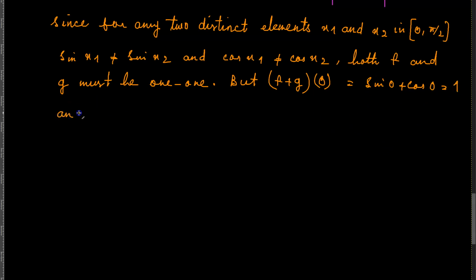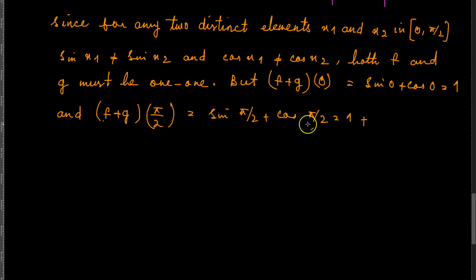And f plus g of pi by 2 is equal to sine pi by 2 plus cos pi by 2, which is equal to 1 plus 0, which is equal to 1.